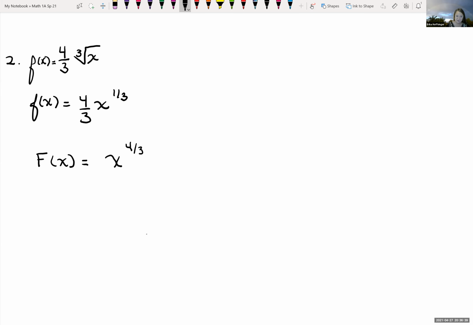Now I think to myself, if I take the derivative of this, that would give me what's in front, and that's what I want. So we can leave it alone. We don't have to compensate by dividing by what we just created as our new exponent.